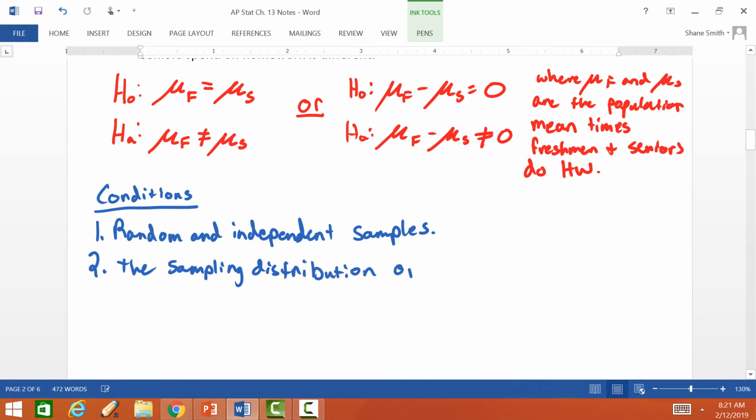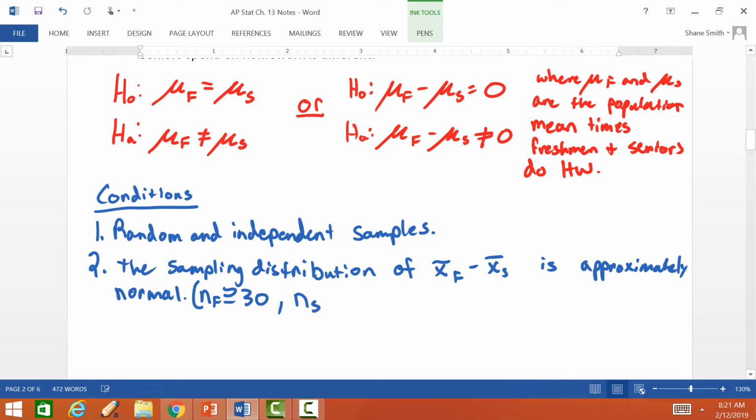So the sampling distribution of x bar sub F minus x bar sub S is approximately normal, right? Because this is just for the mean, it's not a proportion, there's no n times p or anything, we just look at whether the sample size of the freshmen is greater than or equal to 30, and the sample size of the seniors is greater than or equal to 30.